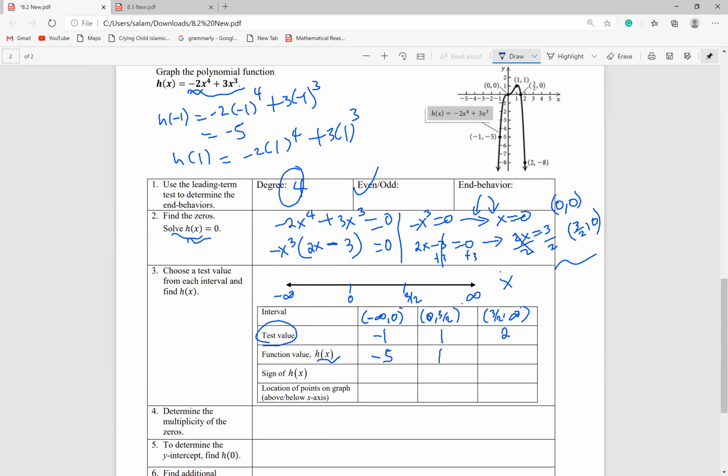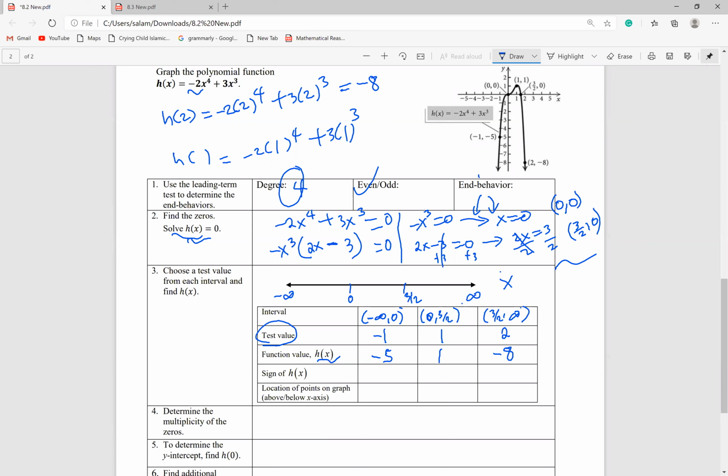Then another point that we have is 2, so we can find h of 2. That will equal -2 times 2 to the 4th power plus 3 times 2 to the 3rd power. When you use a calculator for that, you get 8. So this is going to be 8.